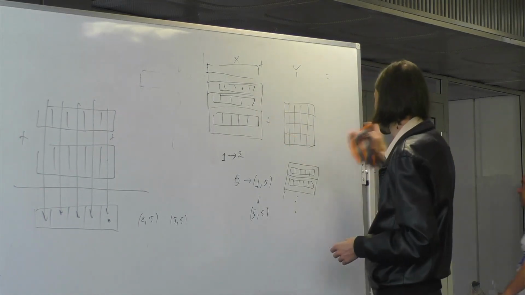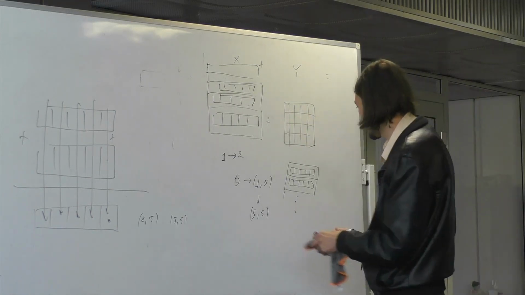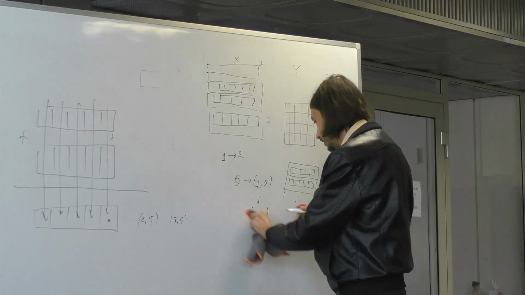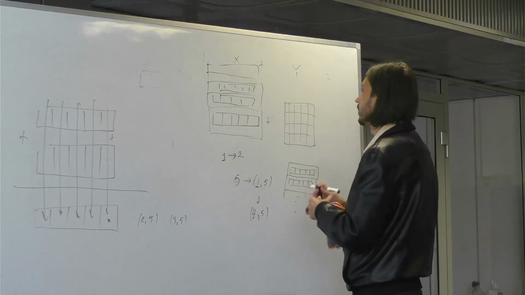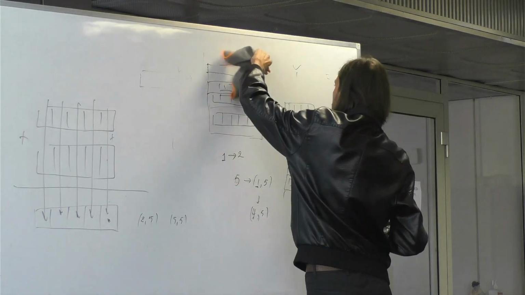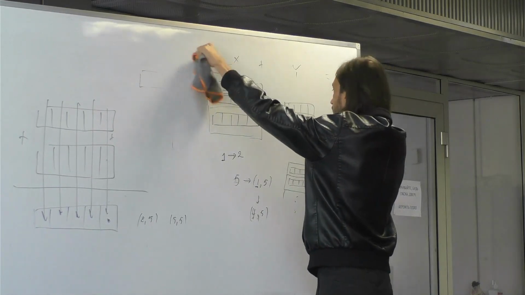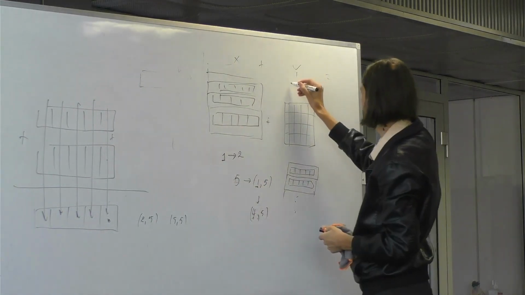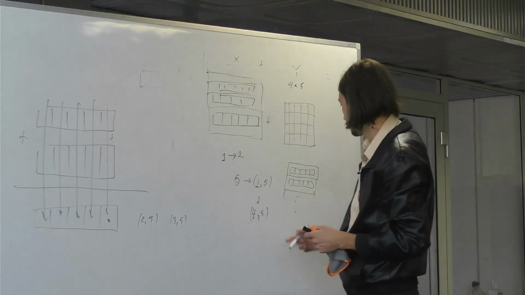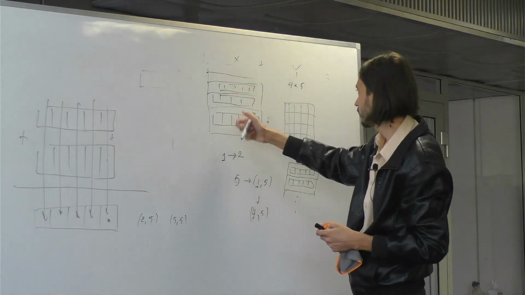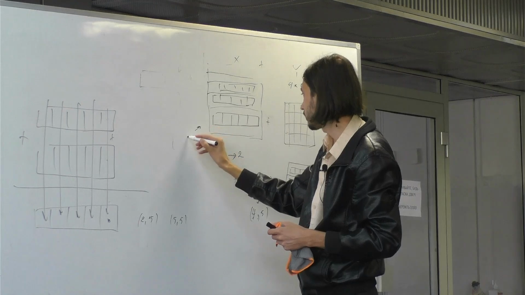Yes, we need 4, because here it was not 5 by 5, but 4 by 5. Yes, you're right. This is 4 by 5. And now I have transformed this array into 4 by 5 as well.